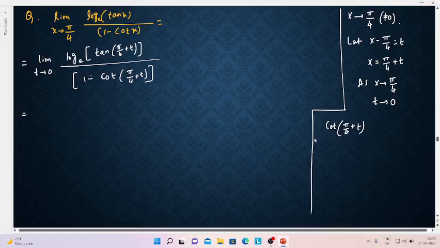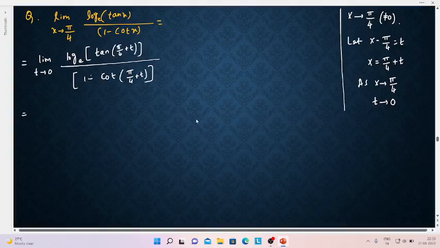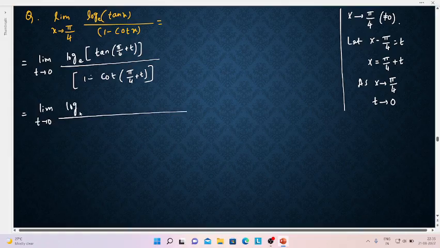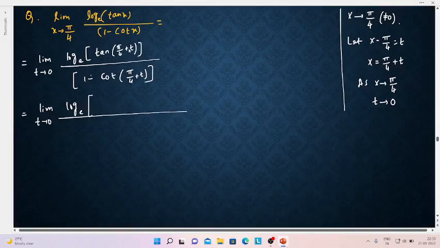I will do this in that particular solution. So basically it will be limit t tends to 0, log e. The formula of tan a plus b is tan a plus tan b over 1 minus tan a tan b, right?